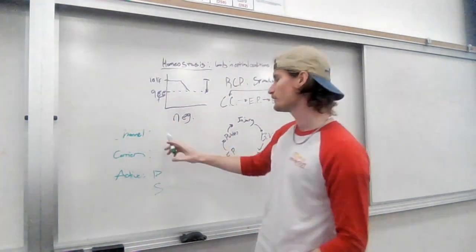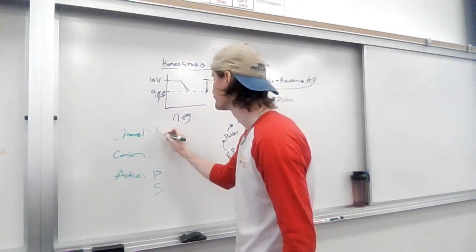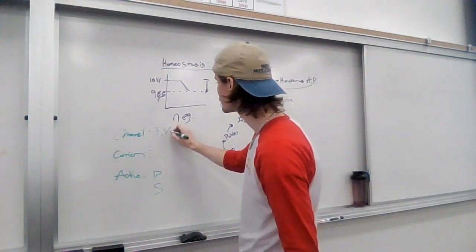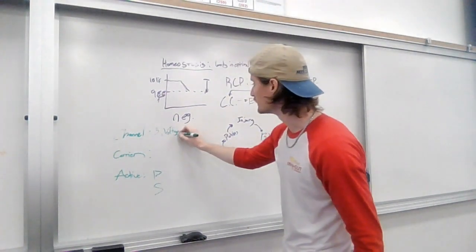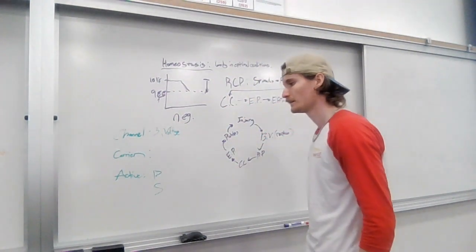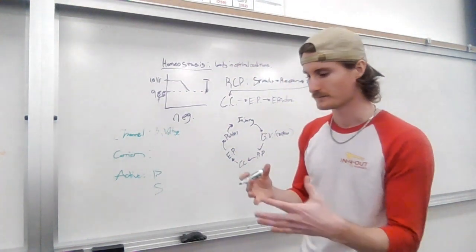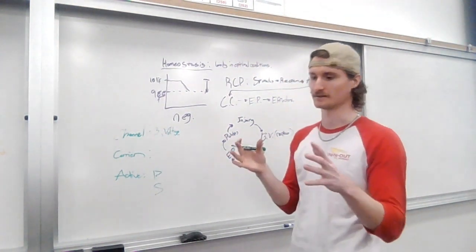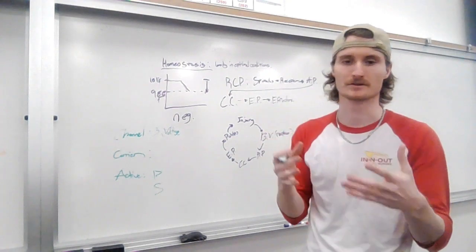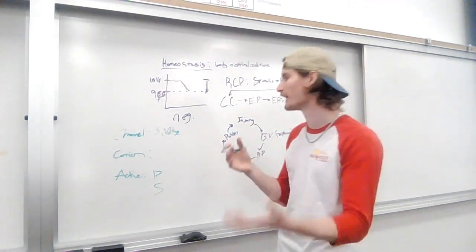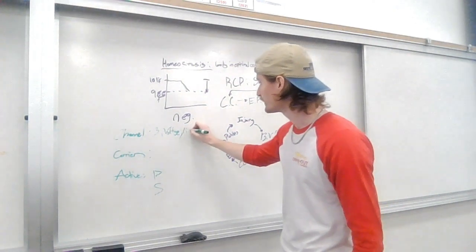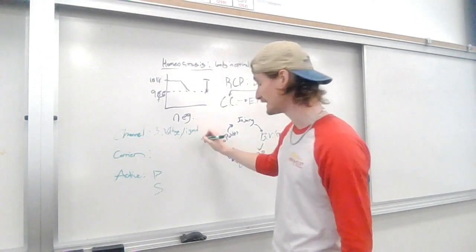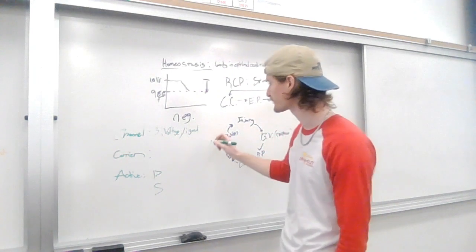So for channel we have 3 different channels. We'll have voltage gated, which basically depends on the electrochemical gradient. It basically is dependent on the voltage or the charge of the ions or molecules that are going through it. We have this one, which I still don't know how to say, ligand, I think.